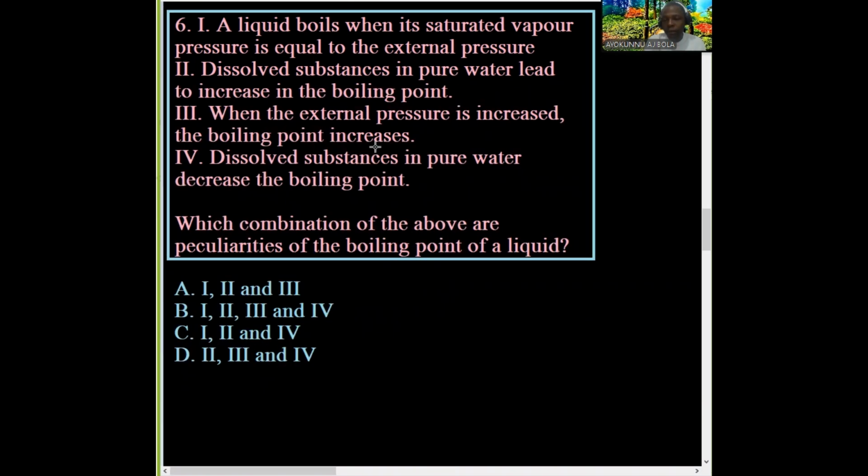But on a normal day, on normal ground, all things being equal, water boils at 100 degrees.